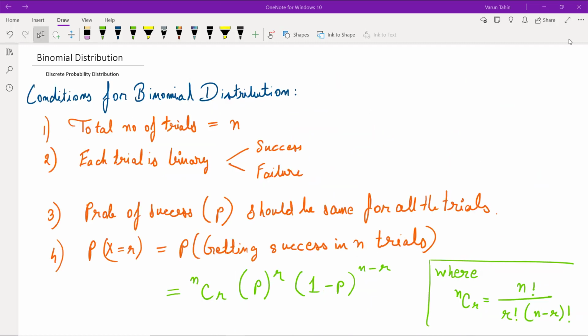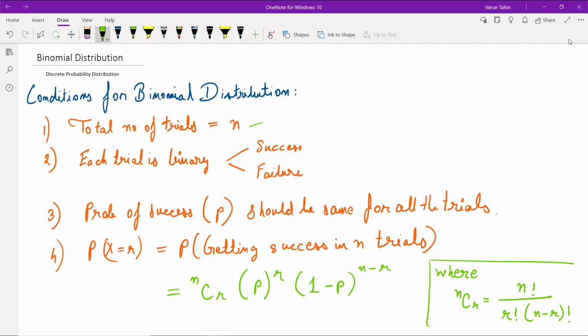Now here are some conditions for binomial distributions, and these all should be met in a problem in order for us to apply the binomial distribution formula. The first one is that the total number of trials should be n, so it should be fixed and not variable. Then each trial should be binary, that is, only 2 possible outcomes should be there, success or failure.